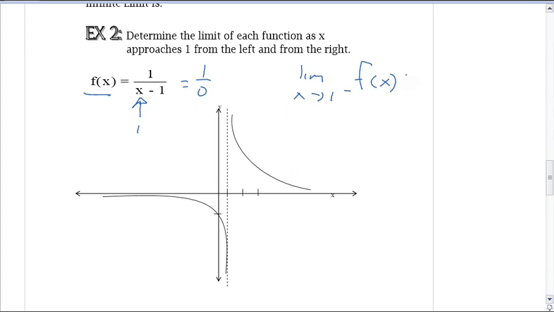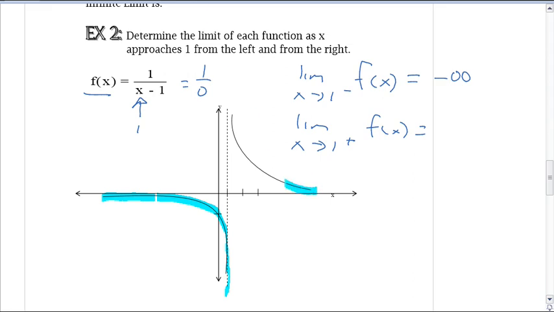Either way is fine. Okay, so if I grab my blue highlighter here and I jump on this curve, I notice that just like before, I am approaching negative infinity. So this would be equal to negative infinity. If I'm looking at the right-handed limit, limit as x approaches 1 from the right of f of x. Let me grab my blue highlighter again.